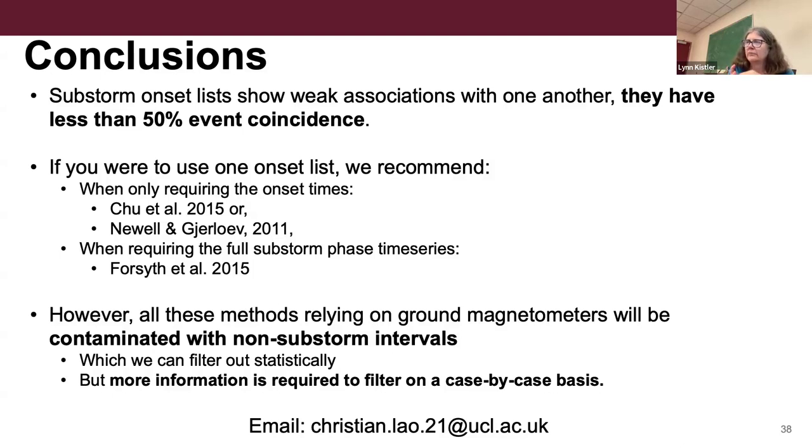We did have a lot where they agreed, and then we had a lot where IMAGE just had no data. The number of events where one of them saw a signature but the other didn't also existed, but were relatively small. So I'm a little surprised by the results that you show, that the dispersionless injections don't seem to correlate with other things. Do you have any comment on that?